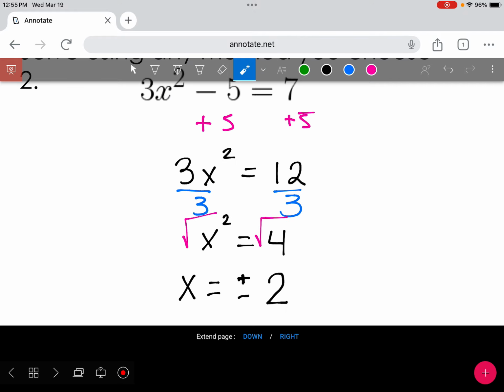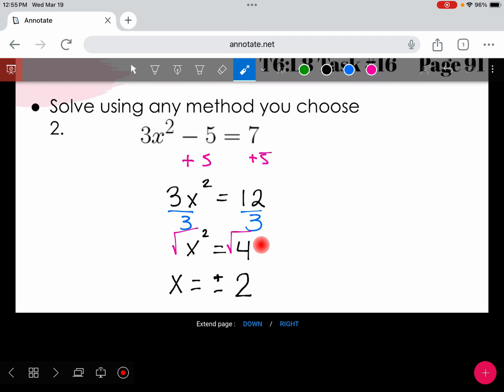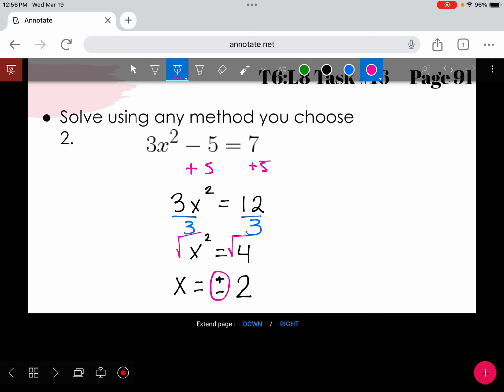This is not the only option we have when we have problems like this. We could do this with factoring. We could do any number of situations for it, but whenever we have a square root and we put it on both sides, we have to include this plus or minus. It is super duper important because with our quadratics, when we're thinking about roots, more often than not, we have 2 of them, a negative and a positive.